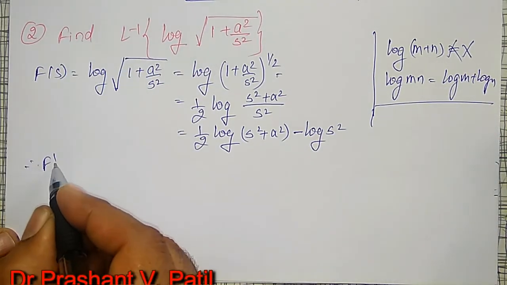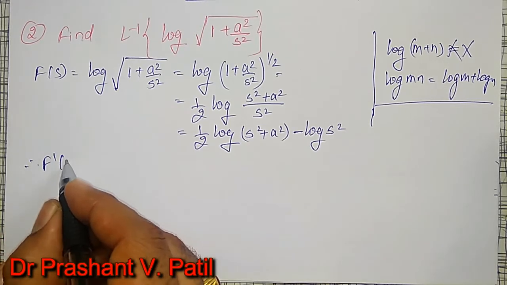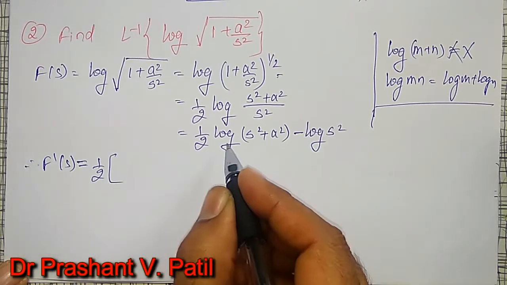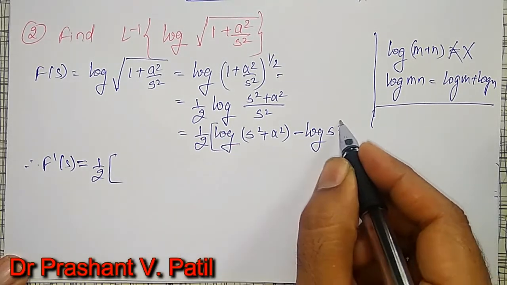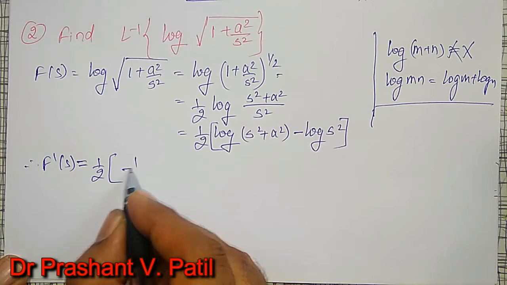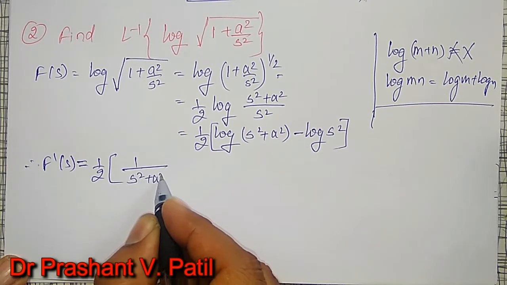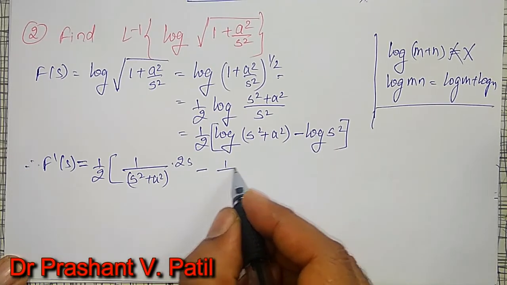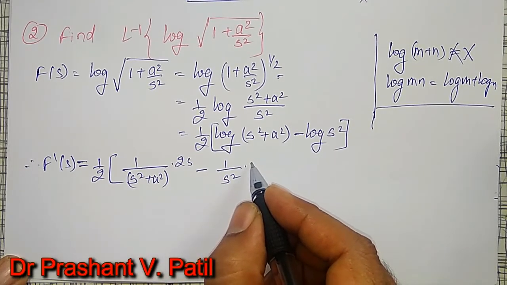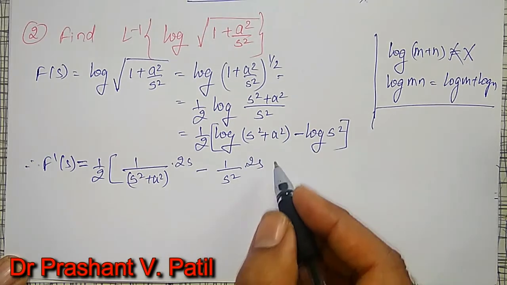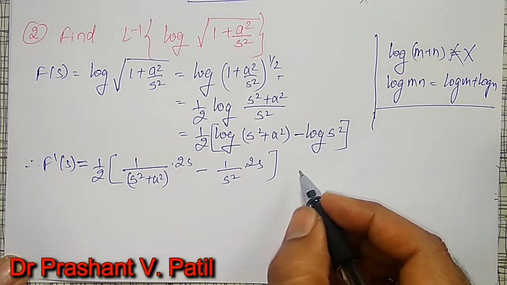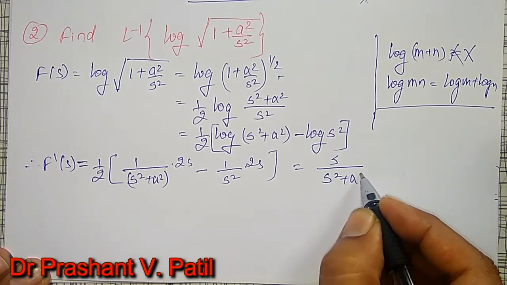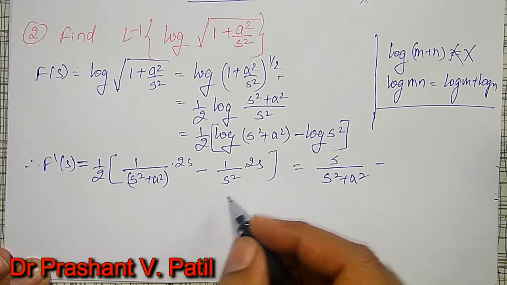Therefore f dash of s, differentiation of this is 1 by 2 as it is, differentiation of log of this is 1 divided by s square plus a square into 2s, minus 1 divided by s square into 2s. Therefore 2 taken common, 2 cancels. I can write it as s divided by s square plus a square minus 1 by s, the s cancels, 1 by s will remain.